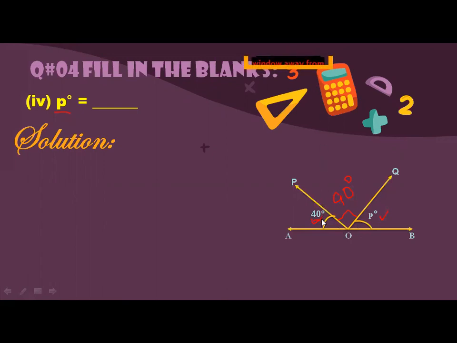Okay, there are three angles here. This is angle number 1, this is angle number 2, and this is angle number 3, and together they are making the angle of 180 degree. And 180 degree is which angle? It is a straight angle. So we will write here according to straight angles.